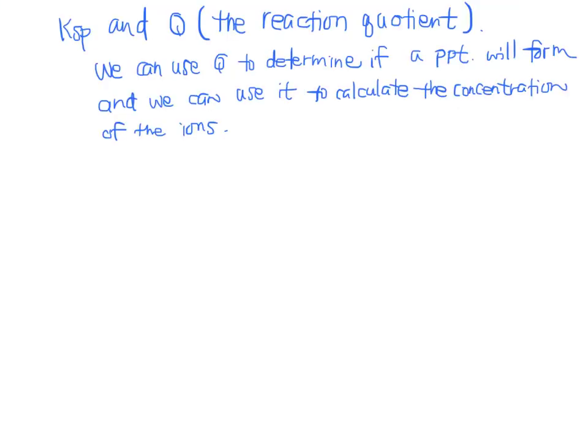Okay, so we want to talk about the reaction quotient and Ksp. Do you remember Q? We used Q back when we were talking about kinetics. So there it is back. In this case, we're going to use Q to determine if a precipitate or a solid will form. We can also use it to calculate the concentration of the ions.